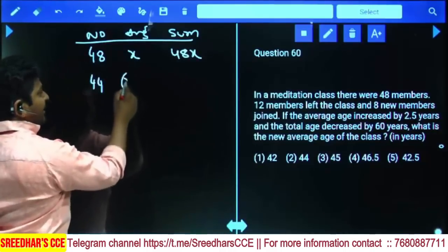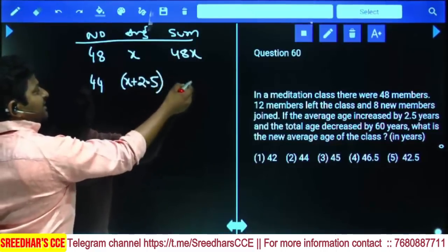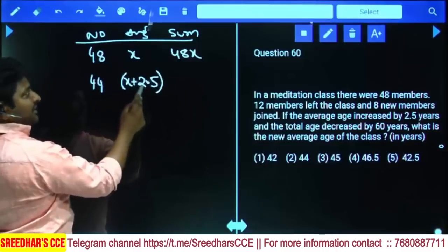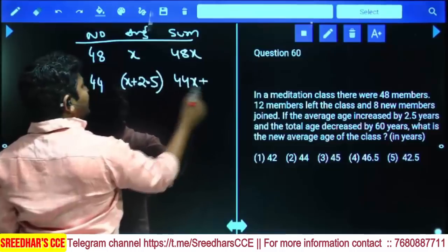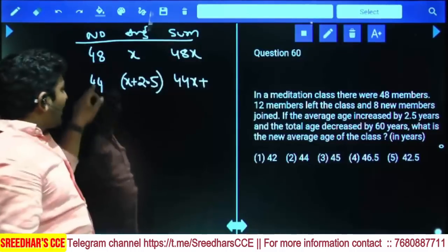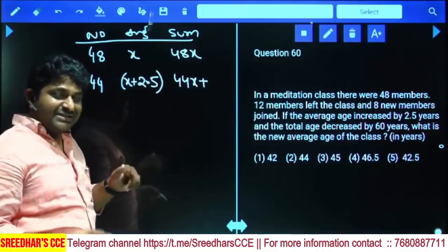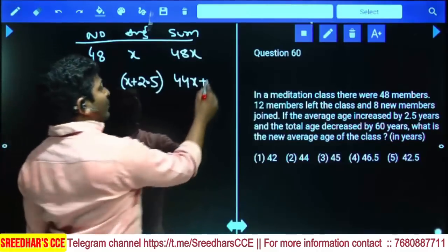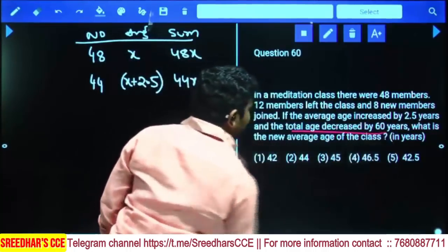Now there are 44 people and their average increased by 2.5. Earlier it was x. Now it is x plus 2.5. Then the sum becomes number of numbers into average, that is 44x plus 44 into 2.5. I'll write 44 as 11 into 4, into 2.5. 4 into 2.5 is 10. 11 into 10 is 110. Now what happened to the sum? Total age decreased by 60.